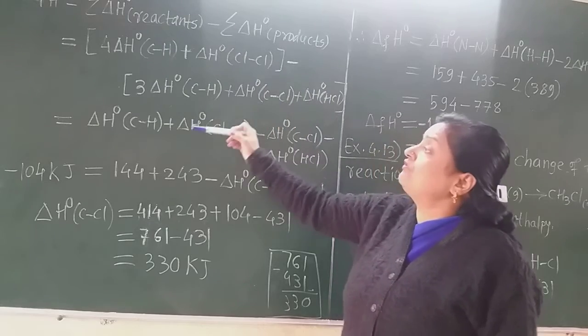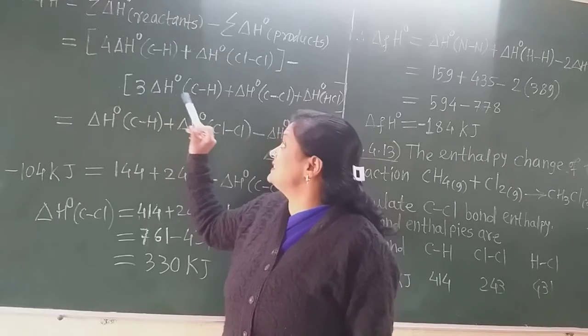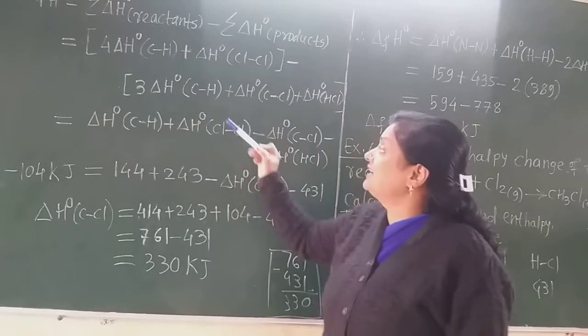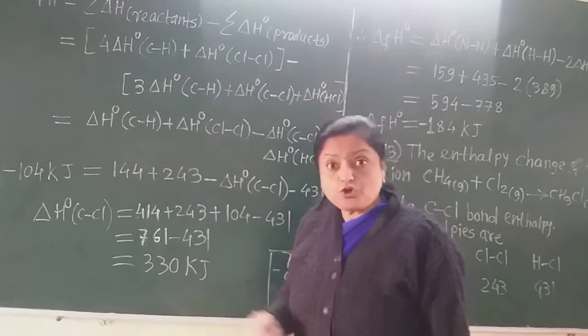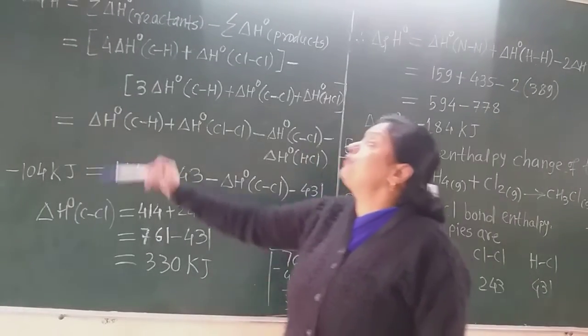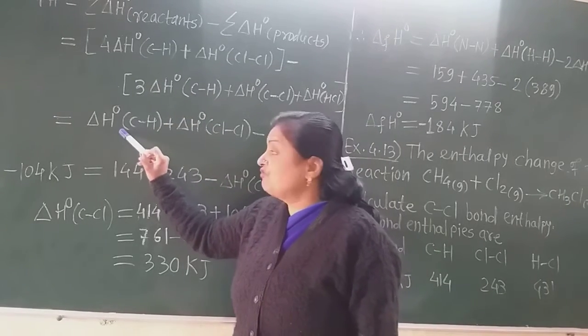After solving, what we obtain from the 4 C-H bonds, if we subtract 3 C-H bonds, then only one C-H bond is remaining. So 4 C-H minus 3 C-H bond becomes 1 C-H bond.